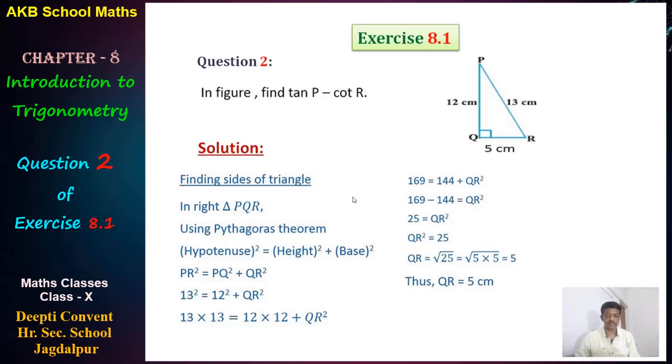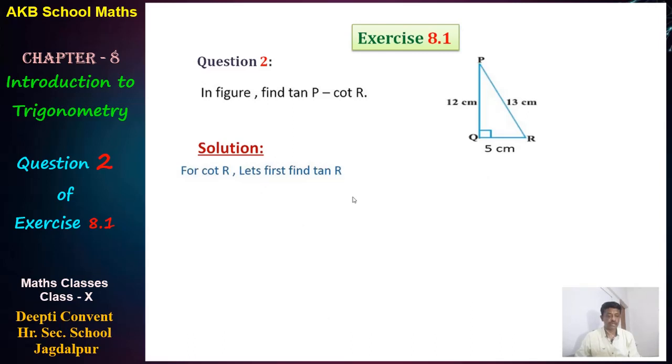Let us try to find cot R. For cot R, let us first find tan R. Cot is the inverse of tan, so our basic is tan. So tan R equals, for R, this is the opposite side, this is the perpendicular. So tan R equals what?